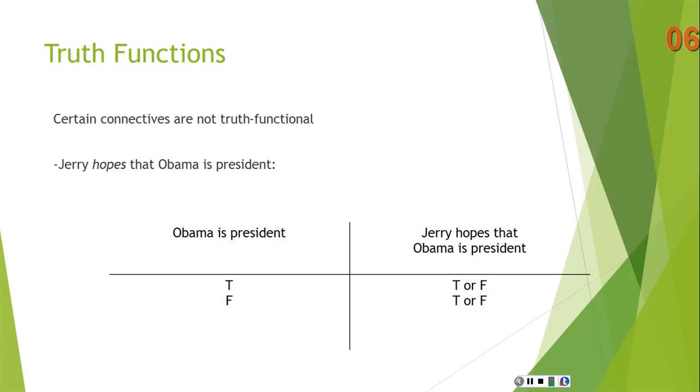And even if Obama is not president, Jerry might hope that he is or hope that he isn't. The same goes for belief. So we say that hopes is not truth functional. The truth value of the entire statement is not determined exclusively by the nature of the word hopes and the truth value of the component statement.